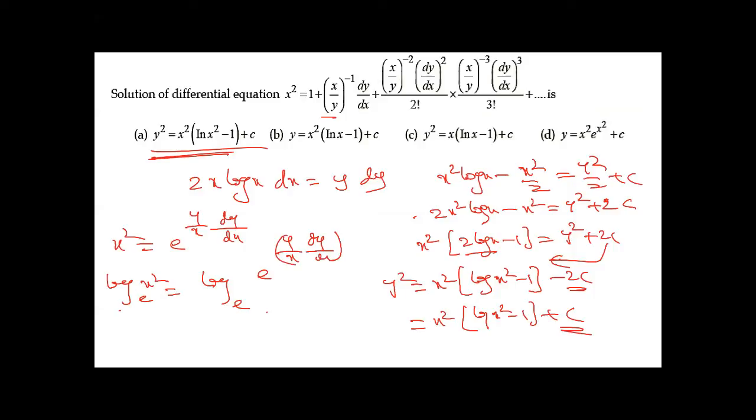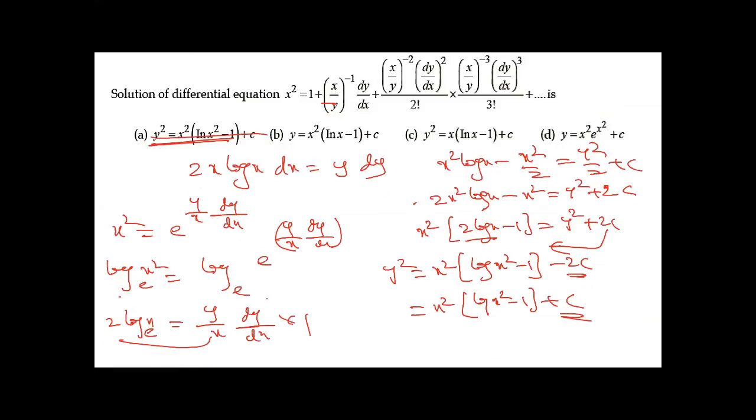This 2 will come to the front. This 2 log x base c equal to, this will come to the front, y by x dy by dx into log e base c. Log e base c is 1 only. Now separate the variables and integrate in this form. Got it? Yes, fine, no problem.